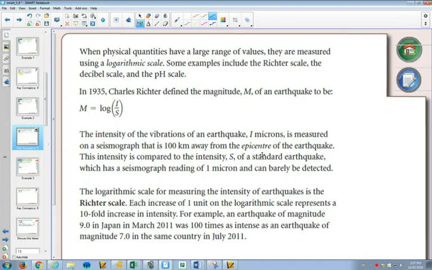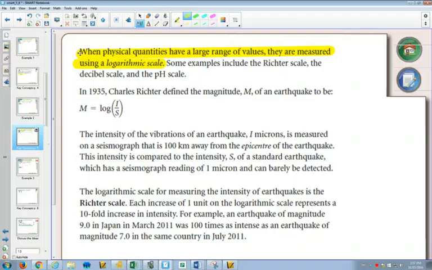Okay. So when things have a large range of values, so a Richter scale can measure a large range of values, instead of having those numbers in that large range, they use a logarithmic scale.